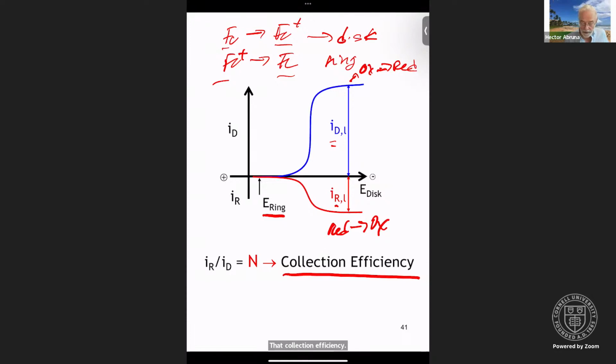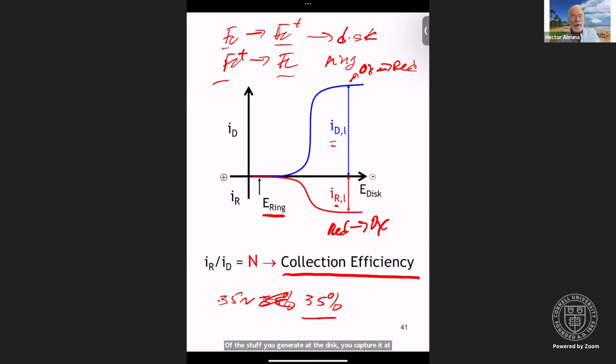The collection efficiency for a well-designed electrode might be of the order of about 0.35 or roughly 35%, meaning you recapture about 35% of the stuff you generate at the disk, you capture it at the ring.